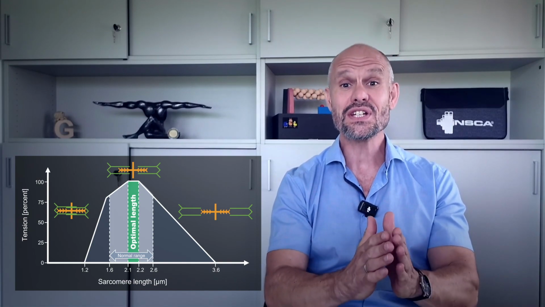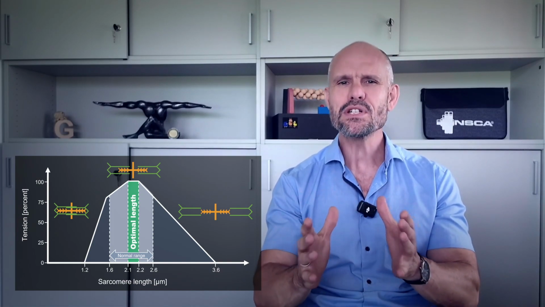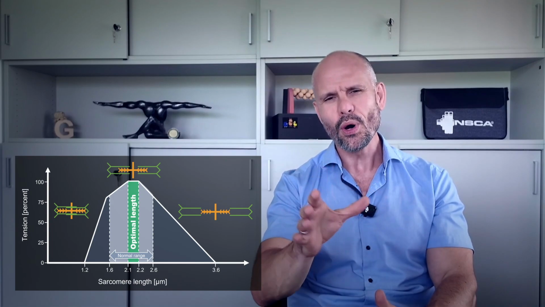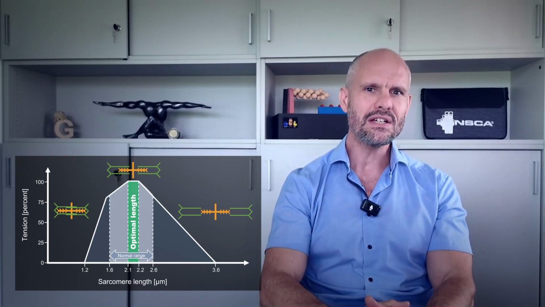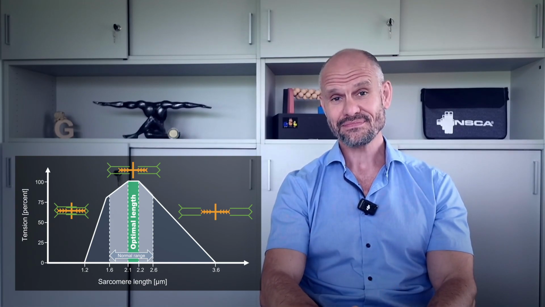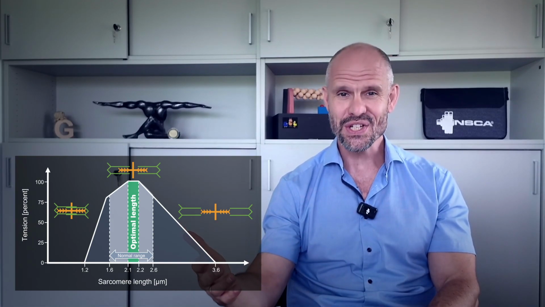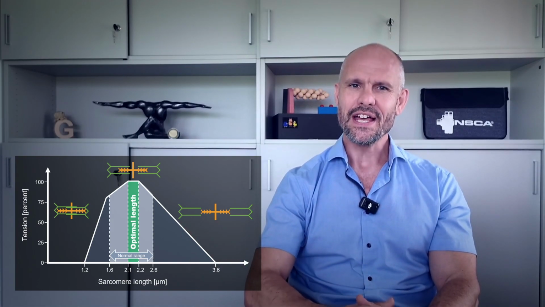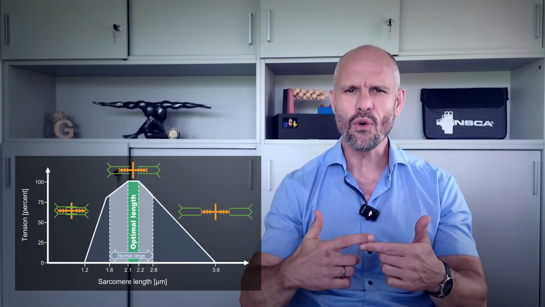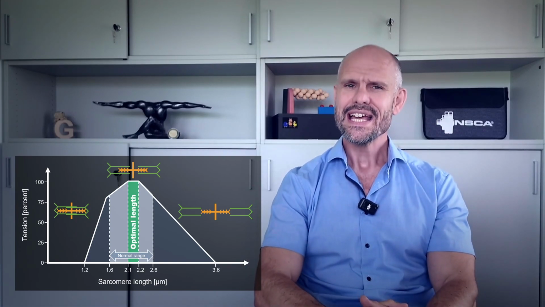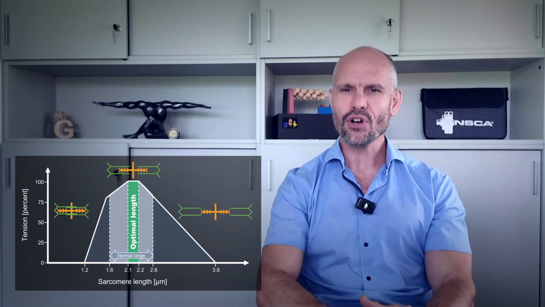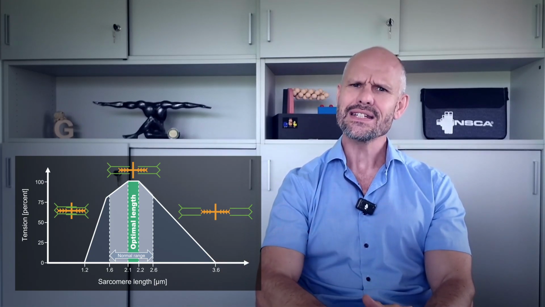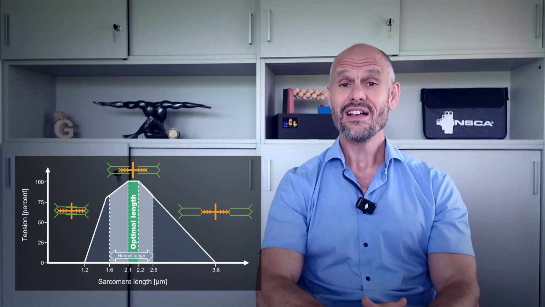As the sarcomere stretches towards an optimal range, around 2.1 to 2.2 micrometers, overlap becomes ideal and force peaks. Beyond this range, overlap decreases, and therefore fewer cross bridges form and force declines. This explains the bell-shaped force-length curve, a foundational concept in muscle physiology since the 1960s.